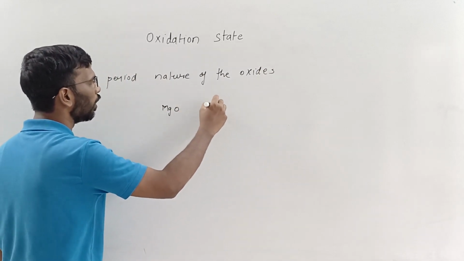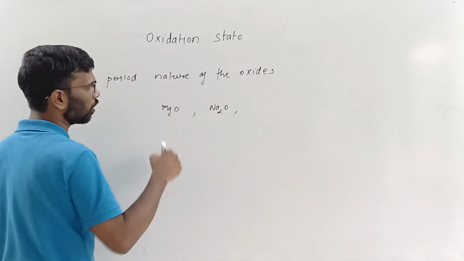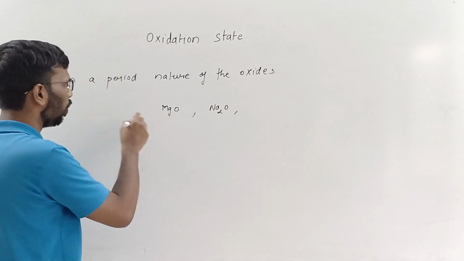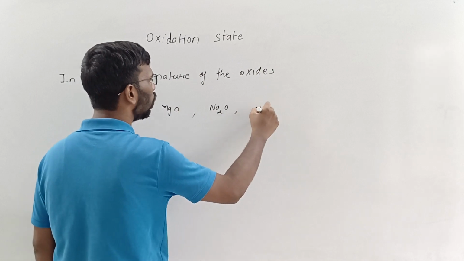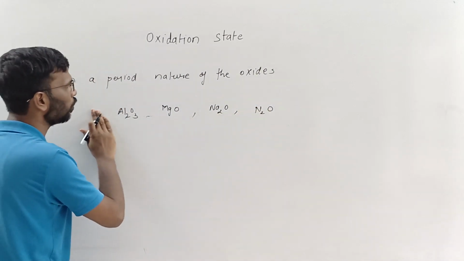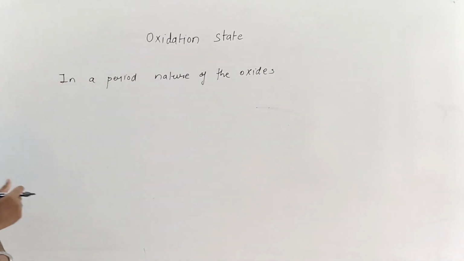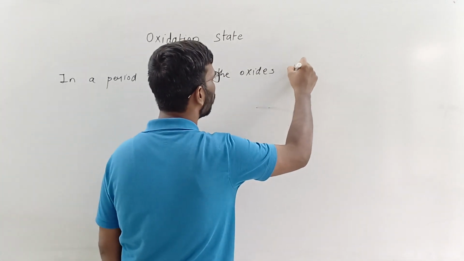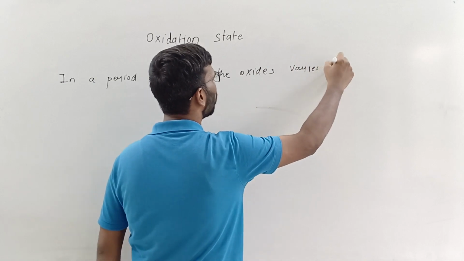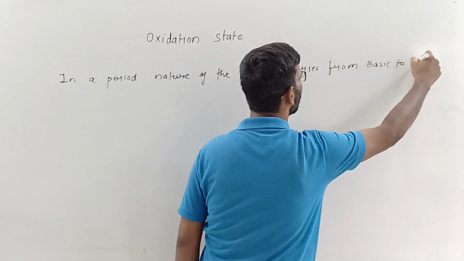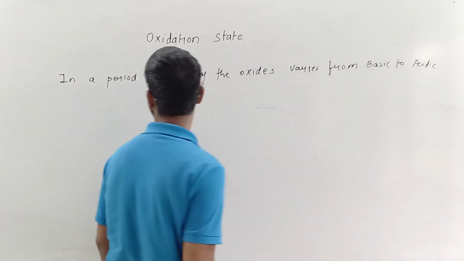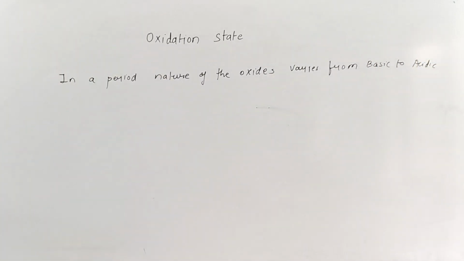MgO, Na2O. These are the oxides. Or Al2O3, N2O. These are the oxides of different elements. So in a period, the nature of the oxide varies from basic to acidic.